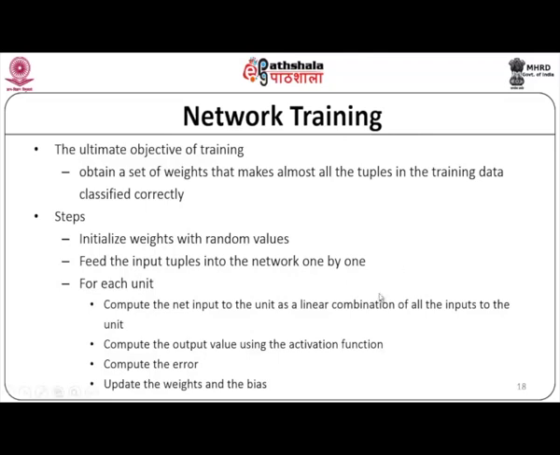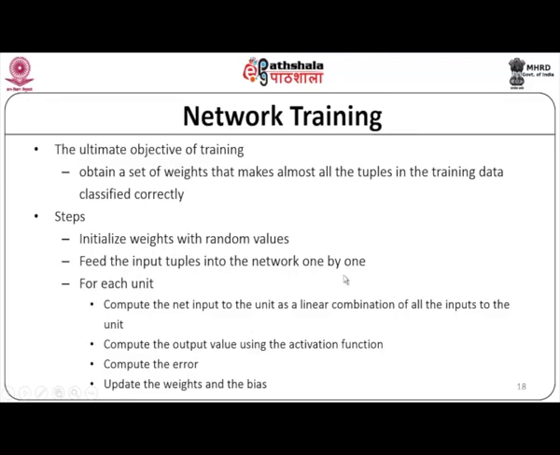So, the steps involved are, first you will have to initialize the neural network with initial weights. These weights are chosen randomly. Now, feed the input tuples to the network one by one. In the network, you will be having input layers and nodes in the input layers.